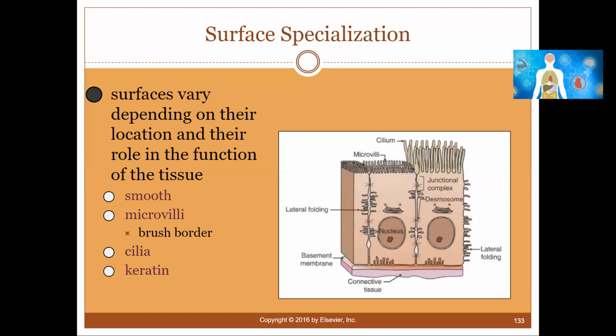So the apical surface is what is associated with the inside of the tube, if you will. The whole space of the tube is called a lumen. L-U-M-E-N, lumen. The lumen of the tube is where the product is passing through.